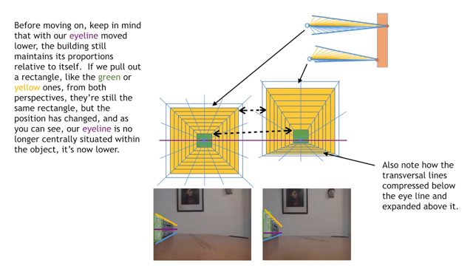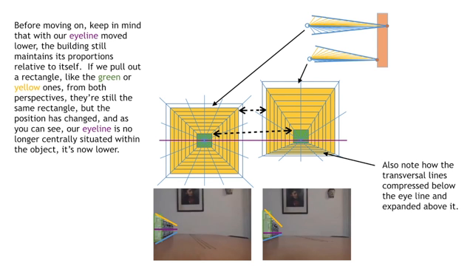So before moving on, let's keep in mind that with our eye line moved lower, the building still maintains its proportions relative to itself. So this is an important part before we move on. If we pull out a rectangle like the green or the yellow ones, let's say, so instead of the orange and blue paint, we now just pull out one yellow rectangle and one green rectangle far away.